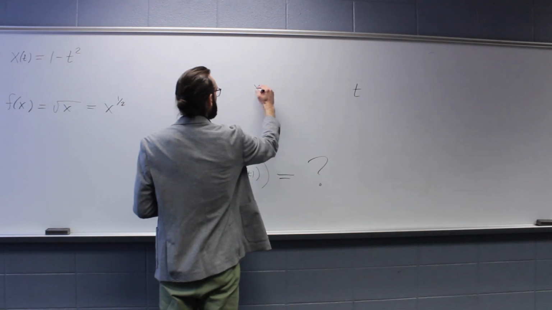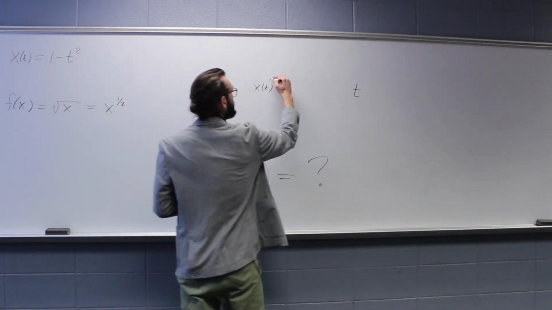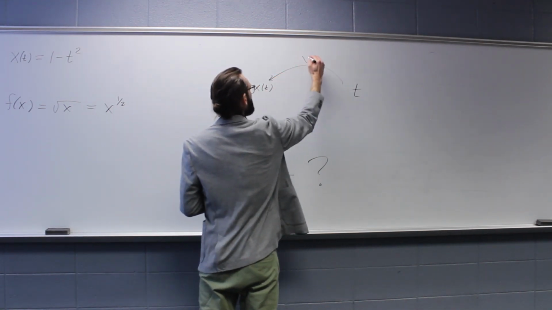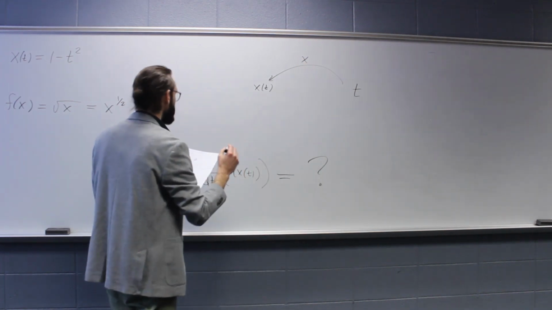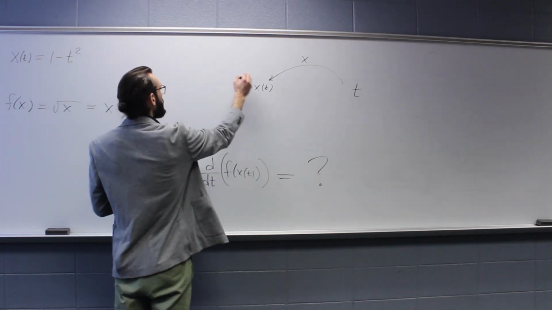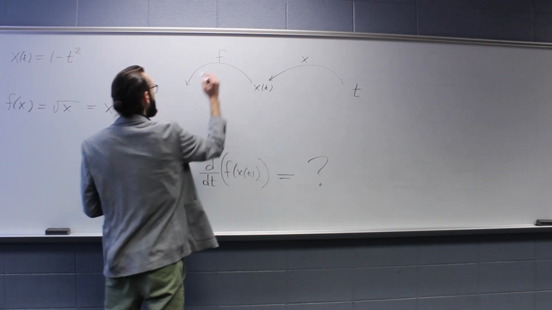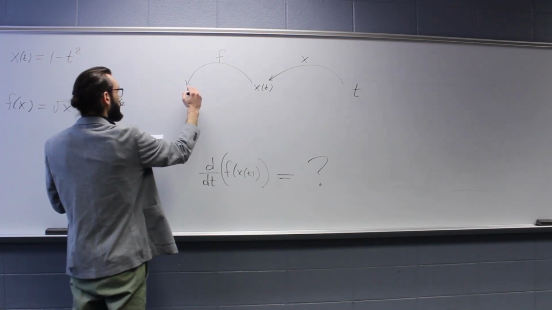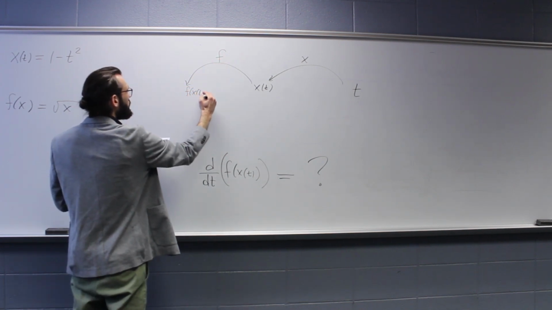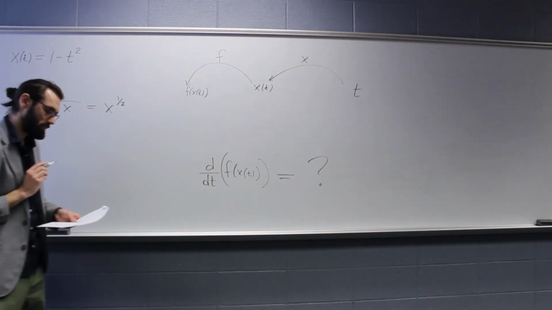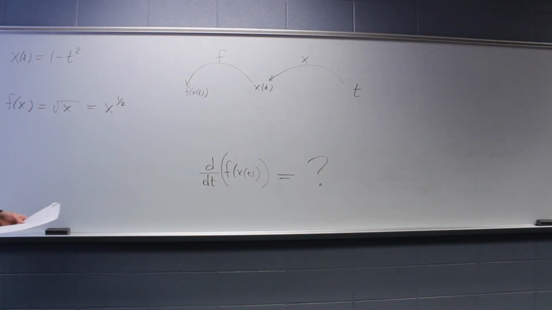And to get to x of t, I use the function x. And x of t through f maps me to f of x. That's just the composition of functions.